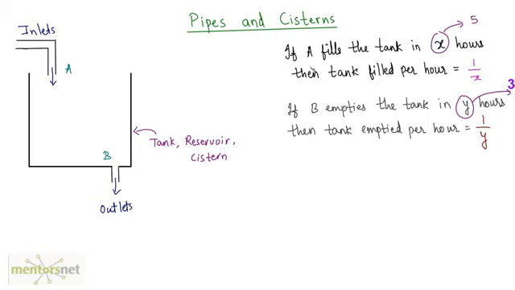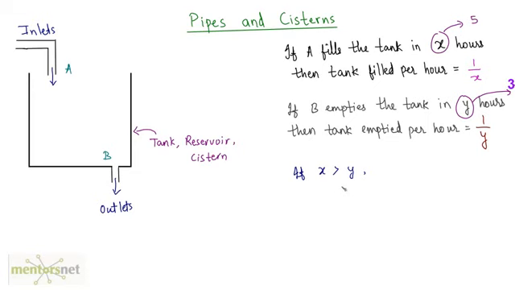This means that the rate of filling is less than the rate of emptying, because it takes more time to fill the tank and less time to empty it, which means that if both A and B are open, the tank is going to empty slowly.